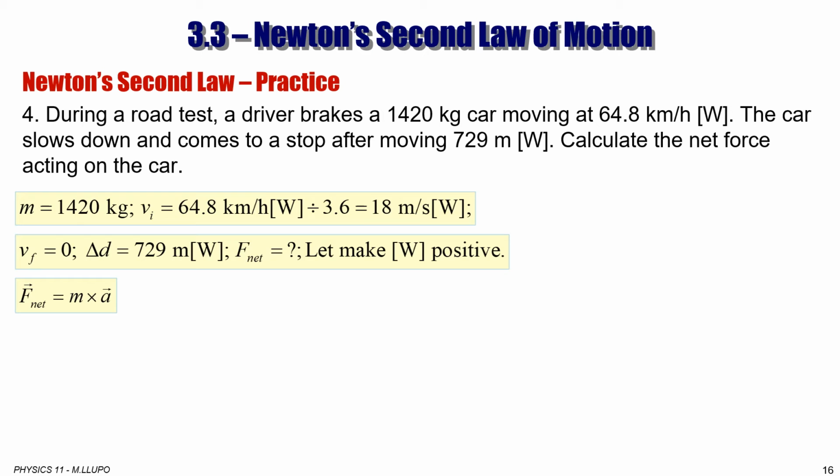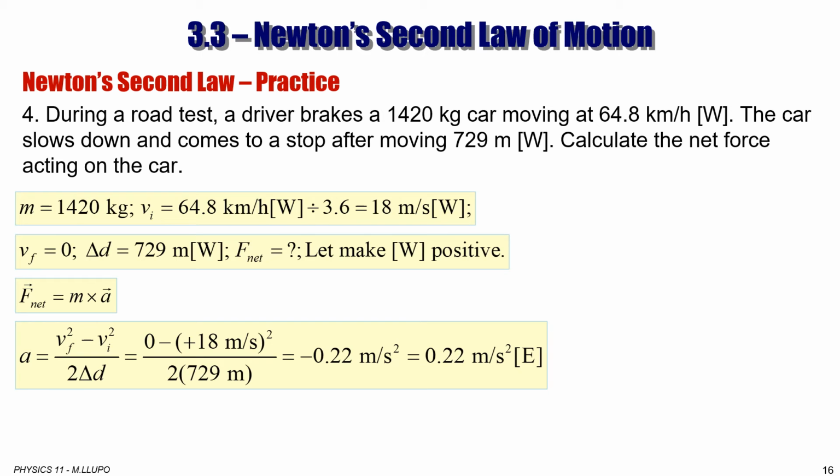And to make it easier, we can make west positive, since we have both west and west. So acceleration is 0 minus 18 meters per second squared, divided by 2 times 729, which is minus 0.22 meters per second squared.